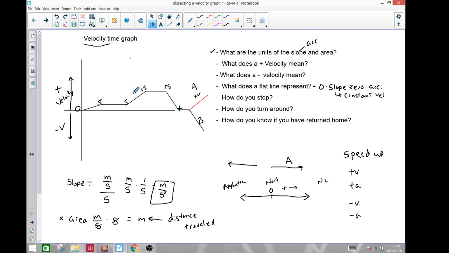For example, right here on this line we have a positive velocity, because I'm on the top side of the graph, and a positive slope, which represents acceleration, so I have a positive acceleration. I'm speeding up here, going from 5 to 15.